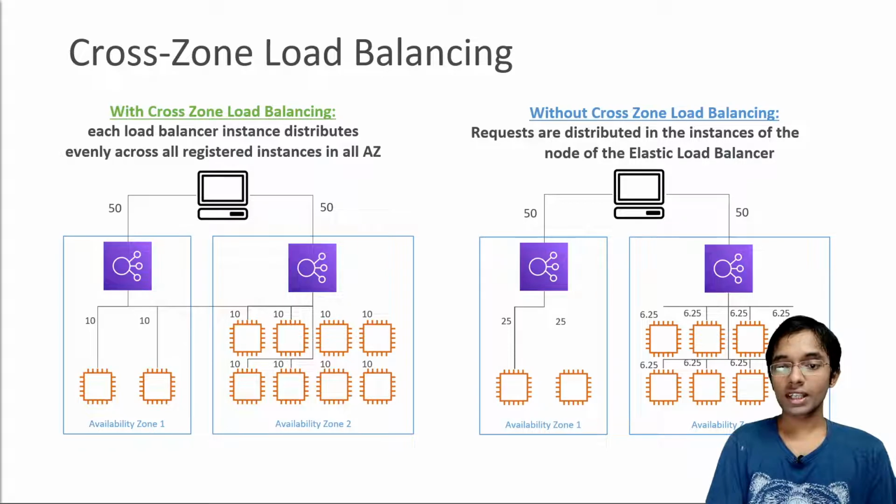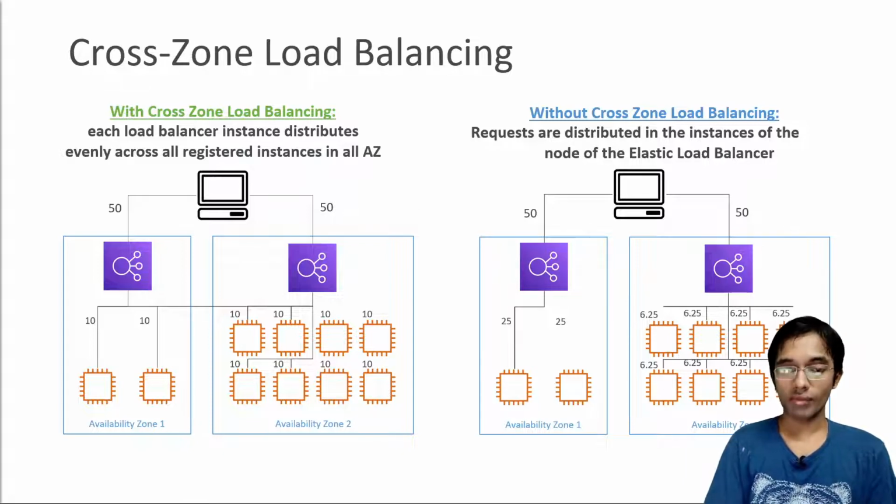The second behavior that's available to you is not having cross-zone load balancing. We take the same example, but without cross-zone load balancing. The requests are distributed in the node of the Elastic Load Balancer. The client sends 50% of the traffic to the first AZ and 50% of the traffic to the second AZ.